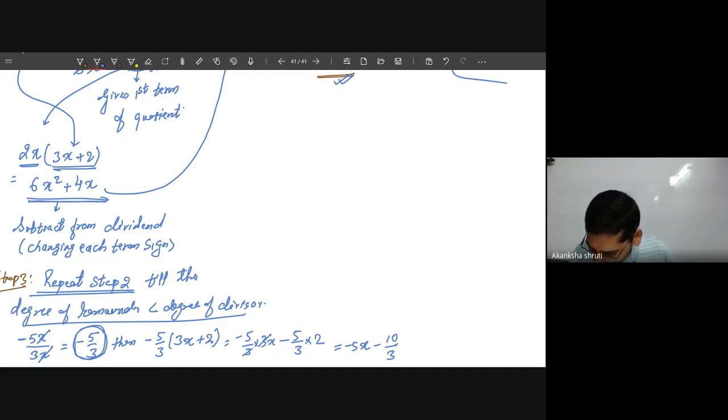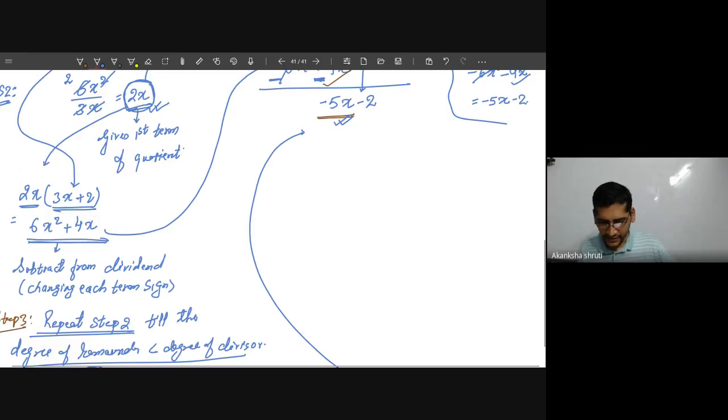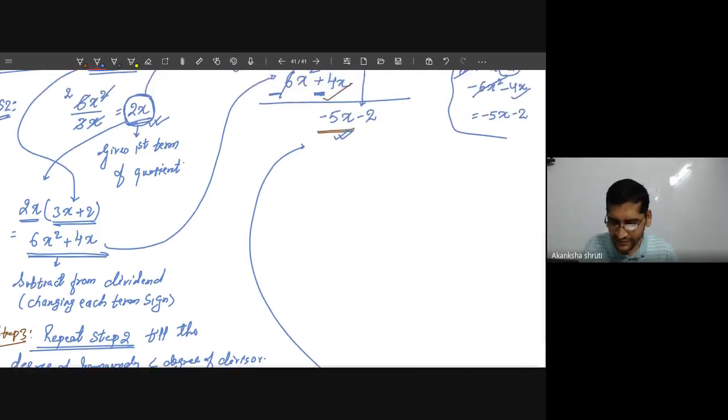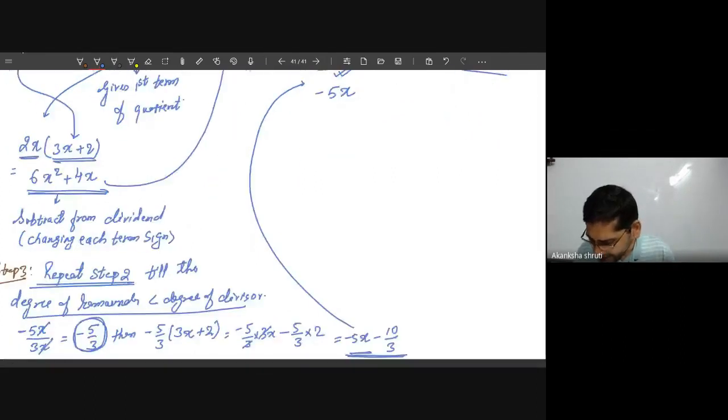Whatever we have obtained, I have to write it here. Okay students? So keep in mind the first term will be exactly the same. That is important, that way you can identify whatever you are writing is correct. So it is minus of 5x, but what is the next?